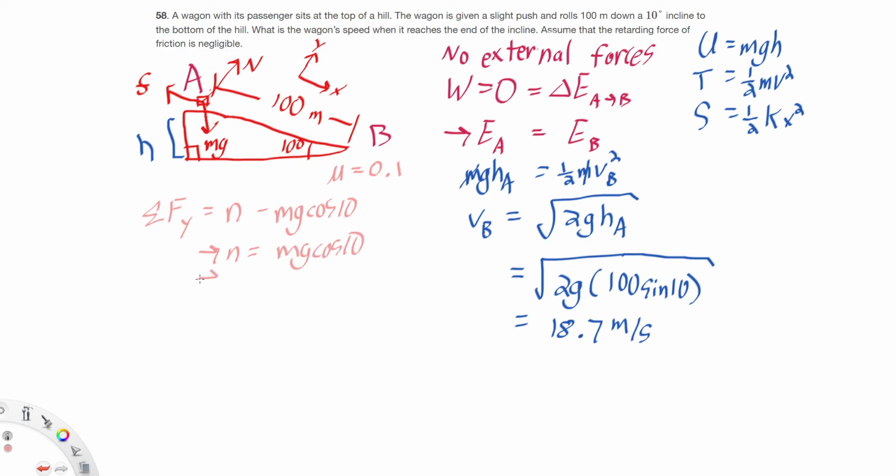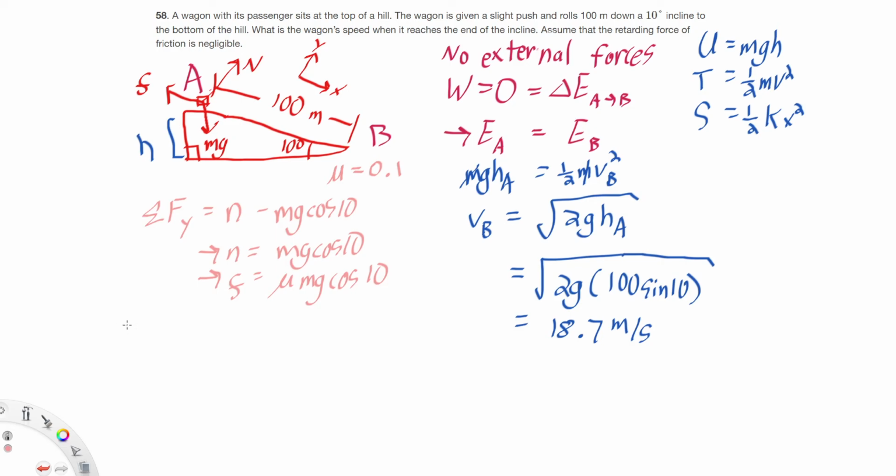And that tells us the magnitude of the friction, which is what we were after for this little bit. So now that we know that there's some friction, we don't have no external forces now. Now we have friction. Friction is moving energy from our cart out of the system. So that makes it an external force.